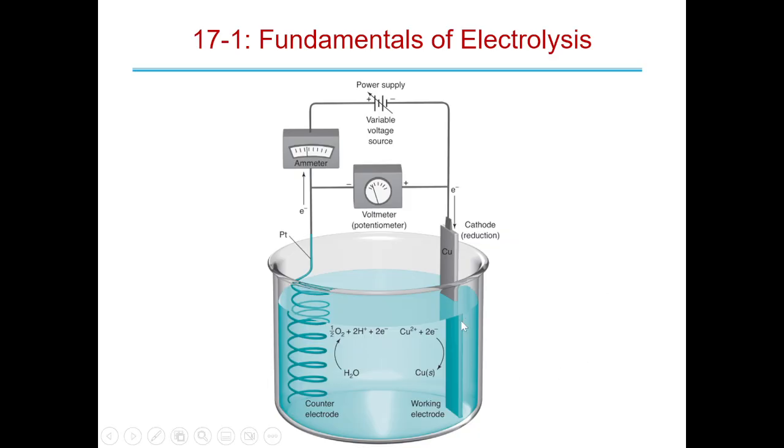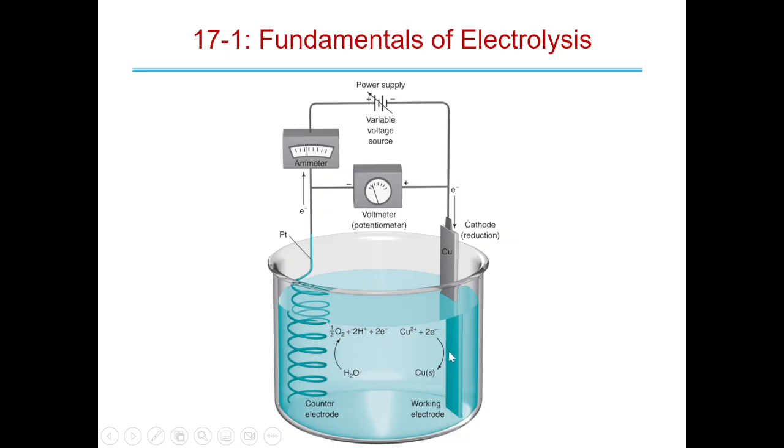It really sucks if you have to recondition your working electrode, which is essentially stripping off what you plated out. That takes a lot of work and time. If you have the setup for it, it's actually not that bad, but setting it up is a nightmare. So notice the working electrode and you have a counter electrode.